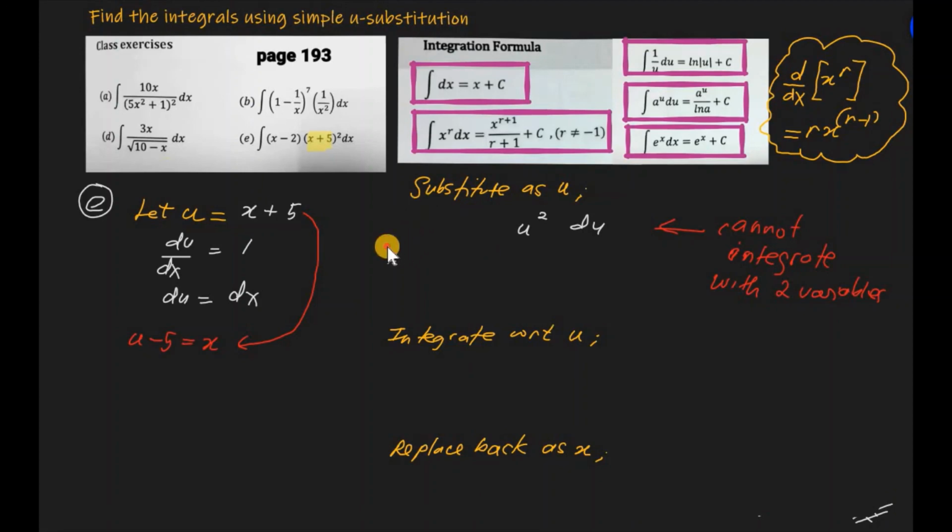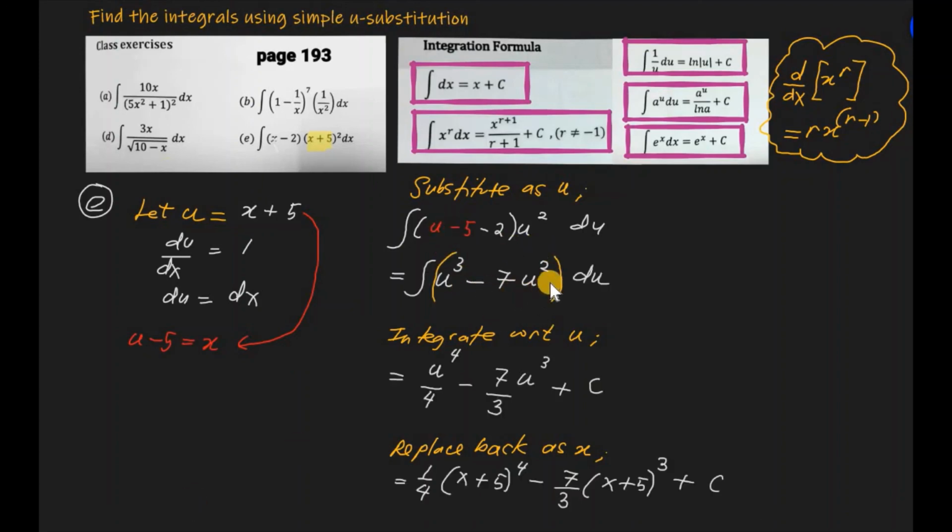One more time, x is u minus 5, and there's a minus 2, and we replace x plus 5 as u. Right, before we integrate, now we can integrate nicely because we have one variable only. But before you integrate, you might want to expand this so that it becomes a polynomial. Wait, let me expand.